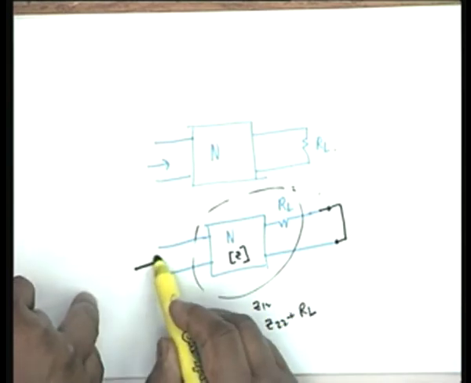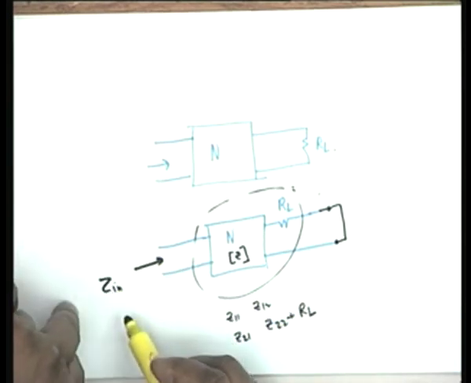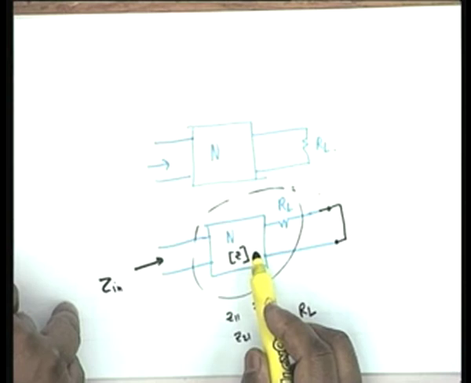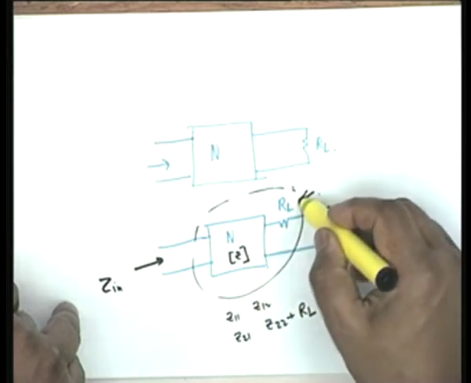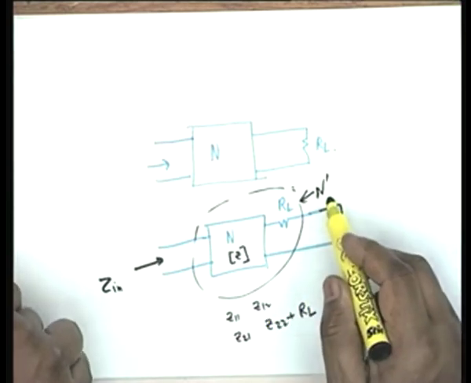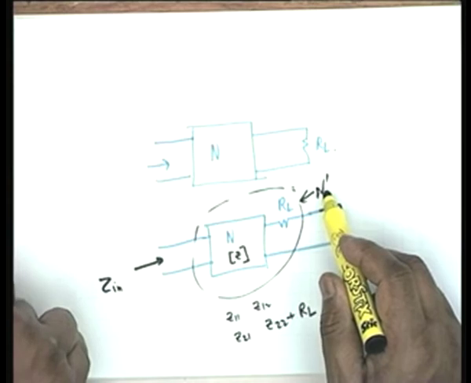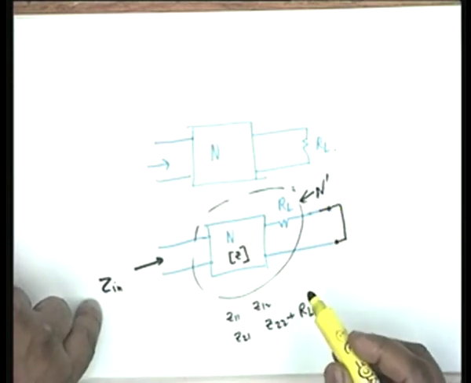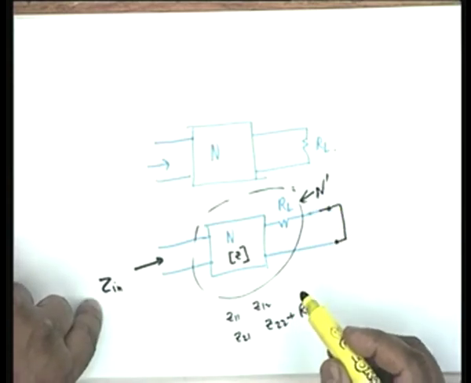Now what is the input impedance? Input impedance is, for the augmented network, let us call this N prime, for N prime, which parameter relates to Z input? Which parameter?